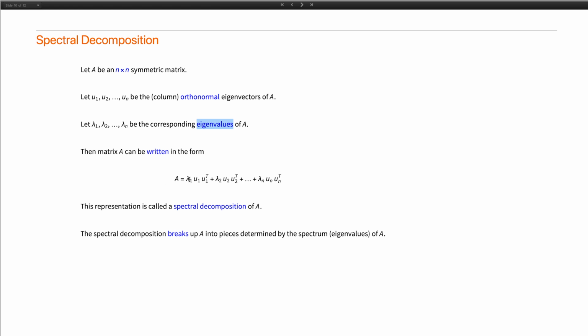You can do lambda 1 times u1 into u1 transpose, etc. Keep in mind that each of these will actually give you an n by n matrix, because you think of u1 as being a column vector. And this is called a spectral decomposition of A. So it's like breaking up the matrix A into simpler parts, which are determined by the spectrum, or the eigenvalues, of A.